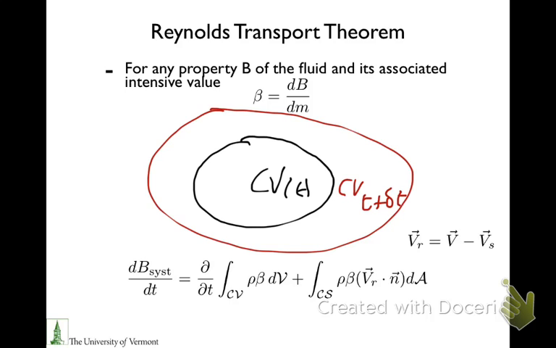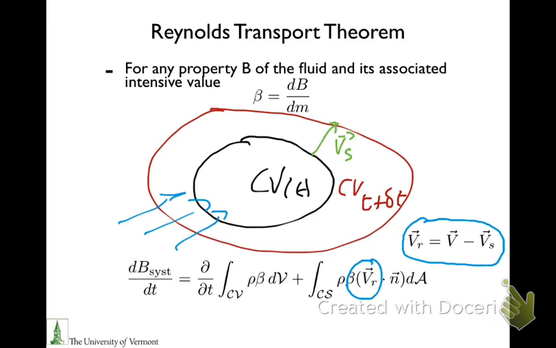So in this particular case, which again is not that common, and I can tell you you will not be asked to solve this type of thing at the exam, here we can define Vs as the velocity of the surface, and now we have a relative velocity, Vr, which is the velocity of the fluid, because we still have a fluid flowing through this control volume, minus Vs. And the modification to the Reynolds transport theorem comes into Vr, really.